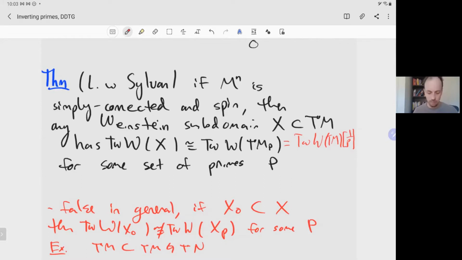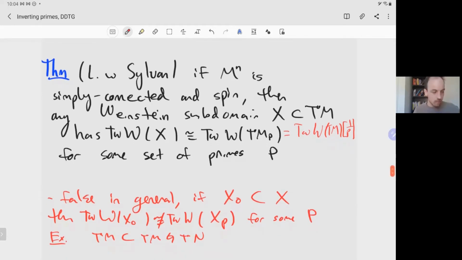A simple example is you could take a boundary connected sum of two cotangent bundles, T*M and T*N, and inside that you have the cotangent bundle of M, one of them. This is a subdomain, but it's definitely not a localization by some set of primes p, because you would have to kill the T*N component without killing the T*M component, and you can't do that just by localizing at a subset of primes.